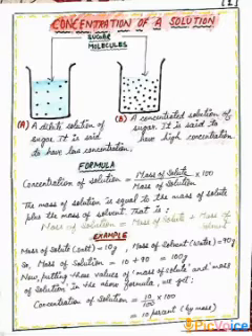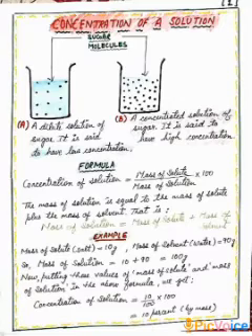Concentration of a solution. A solution may have a small amount of solute dissolved in it, while another solution may have a large amount of solute dissolved in it. The solution having a small amount of solute is said to have low concentration.